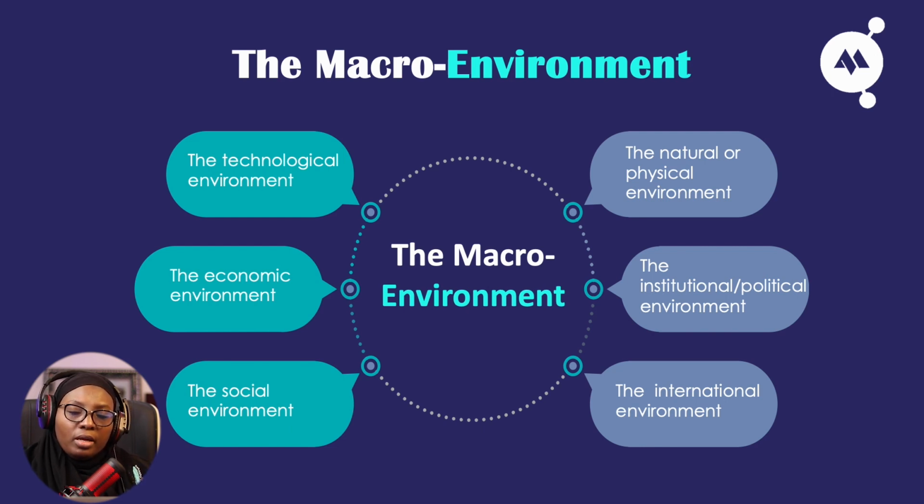Then we have the next factor, which is the natural or physical environment. With the natural and physical environment, you talk more about the dynamics of nature in terms of, for example, cold season, Harmattan season, raining season, and how that plays a role in consumer buying behavior and what is acceptable.